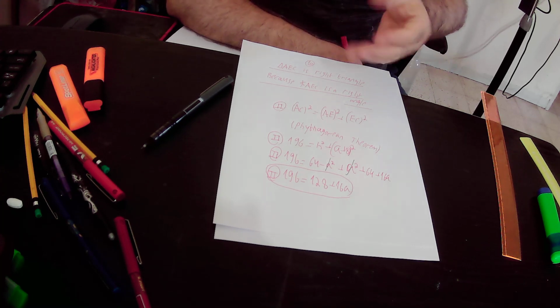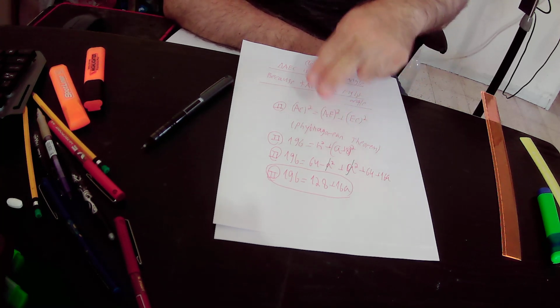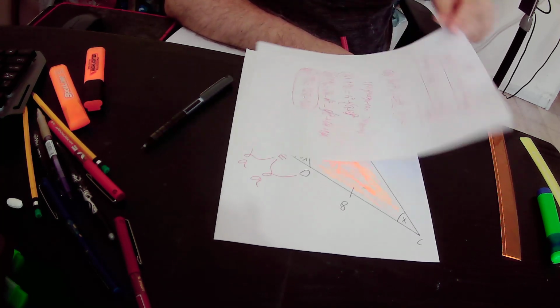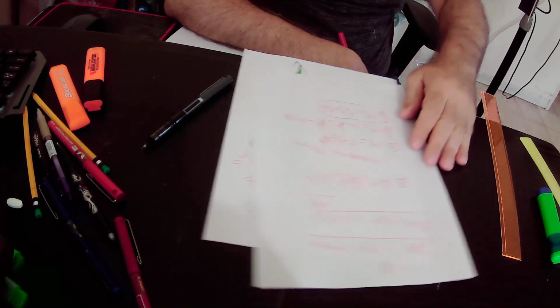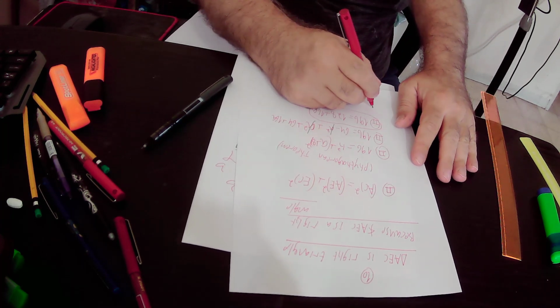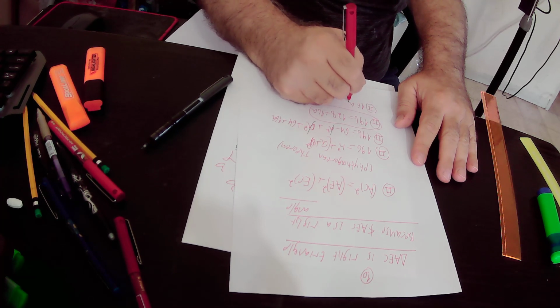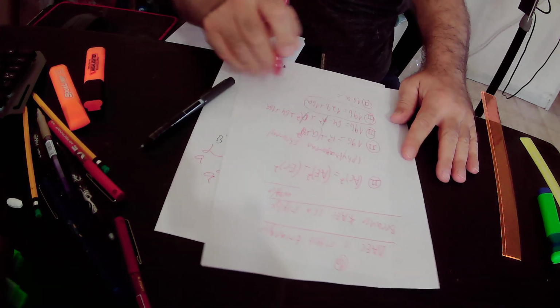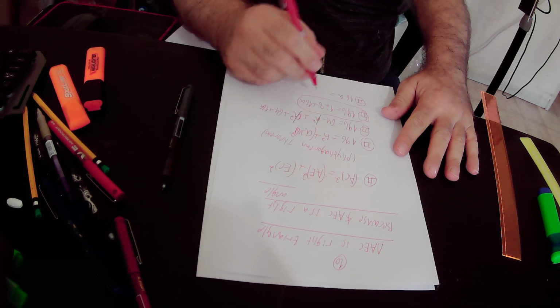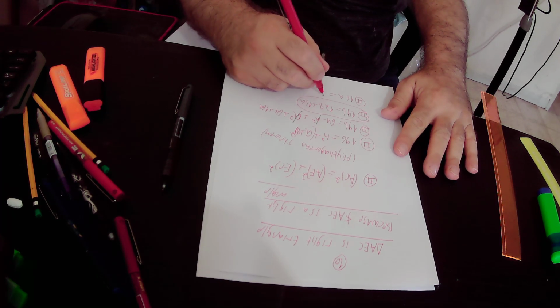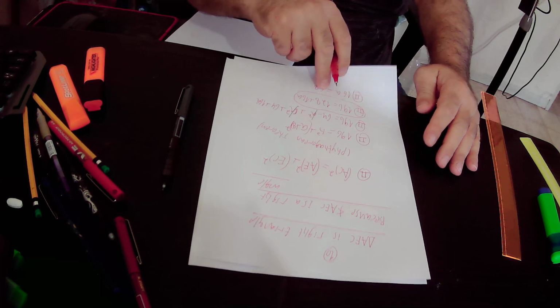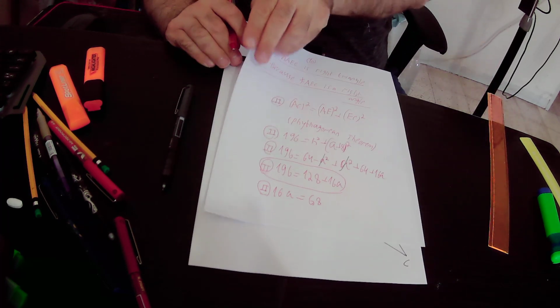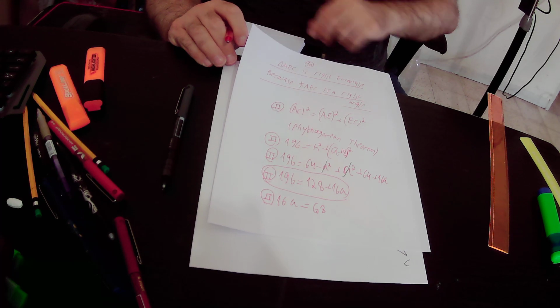Here we will subtract 128 from both sides, and we will get that 16a equals 196 minus 128, which is 68. So we got that 16a equals 68.